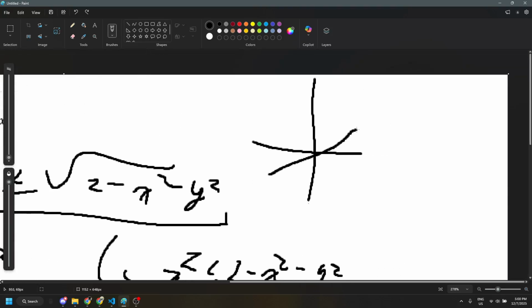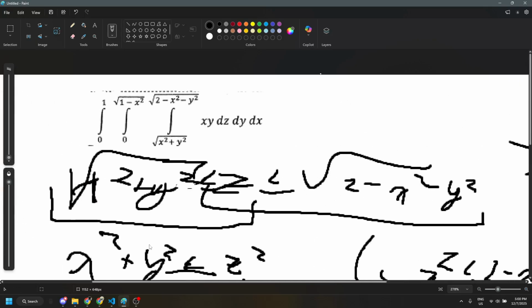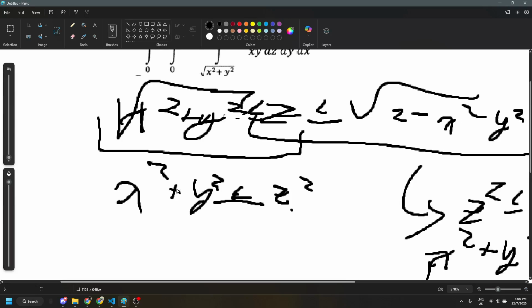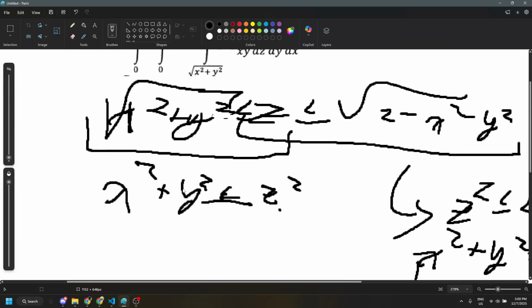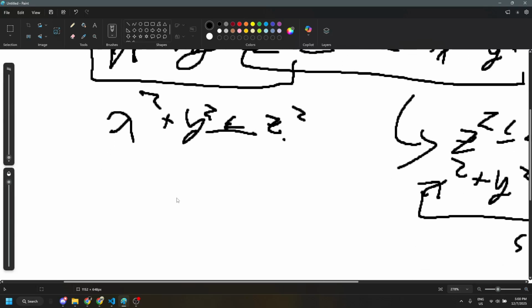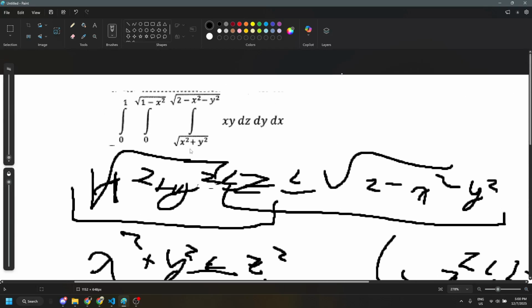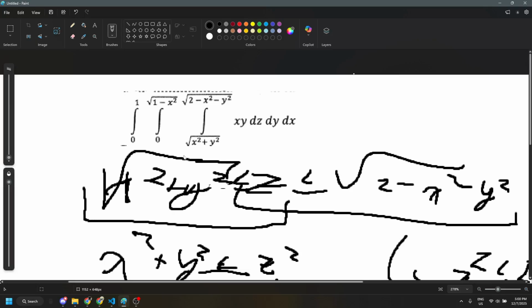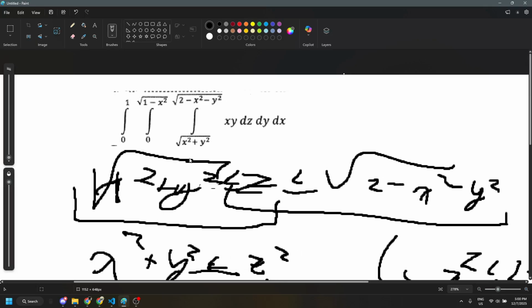So if we have the xyz plane, we have a sphere on the upper, and whatever the bottom is, I don't know what the bottom is. Well, let's come back to that later.